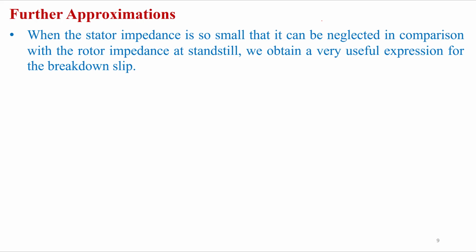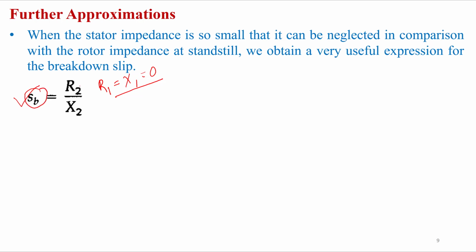If you have done the blocked-rotor test, you might have observed it, right? So under that condition, your breakdown slip, or slip at the breakdown torque, becomes, just substitute R1 equal to X1 equal to 0 in the slip equation.